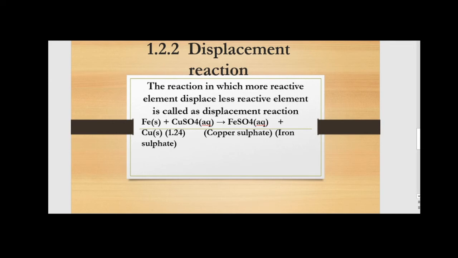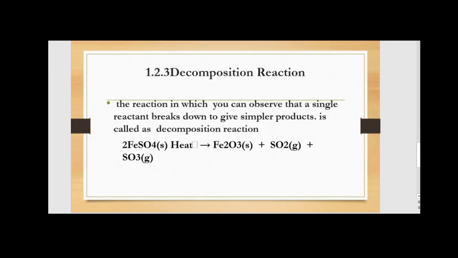Let's understand the next reaction, decomposition reaction. This is also one type of inorganic reaction. This type of reaction mostly takes place with the help of heat, because after absorbing heat any chemical is going to start to split. Similarly in this reaction the same condition applies. After absorbing a large amount of heat, the reactant is going to split into simple molecules.